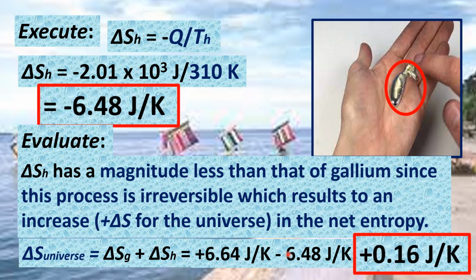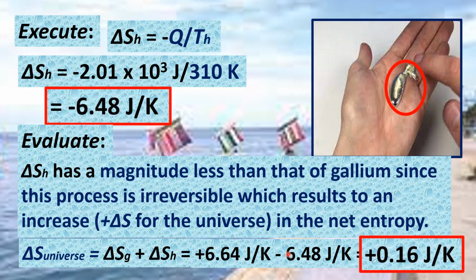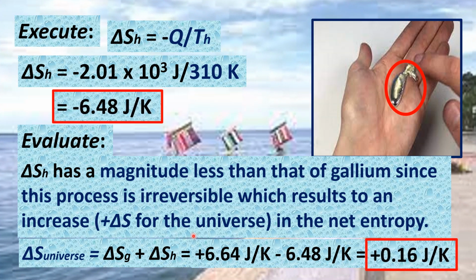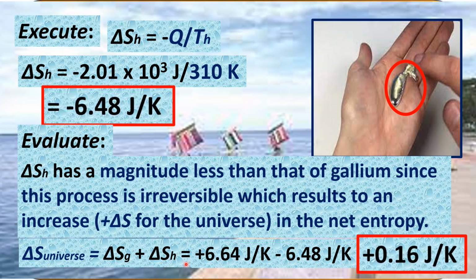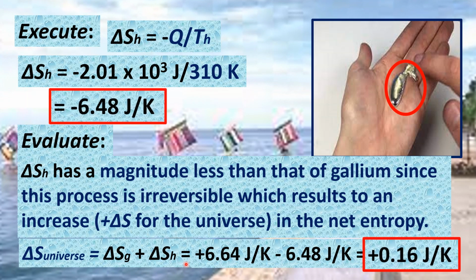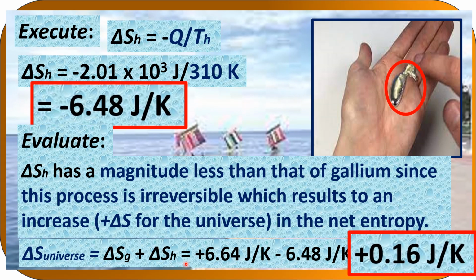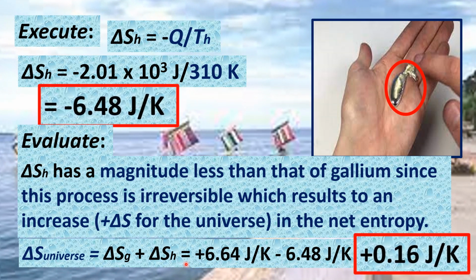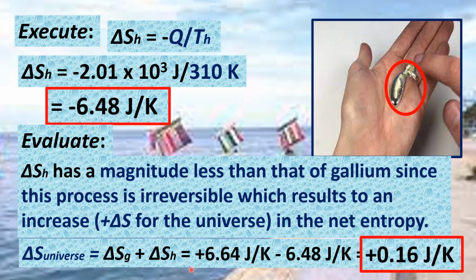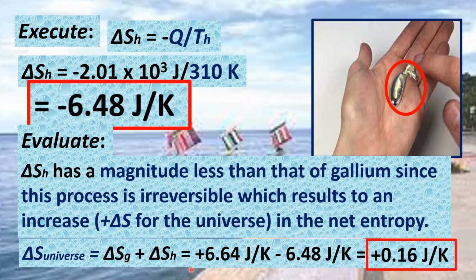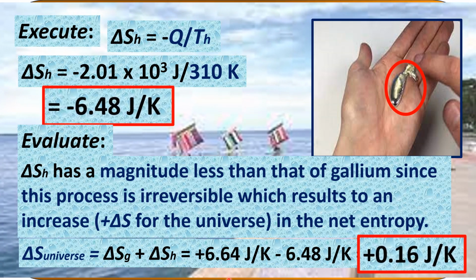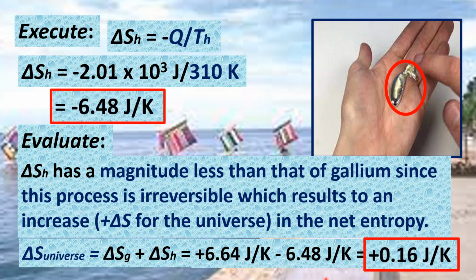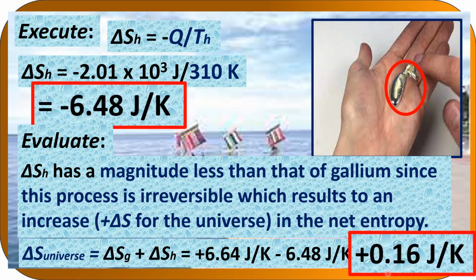So to summarize, the metal gallium has gained entropy, while the hand has lost a lesser amount of entropy compared to what gallium has gained. And this results in an increase in the entropy of the universe by as much as 0.16 joules per Kelvin.